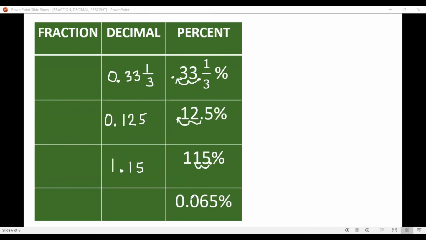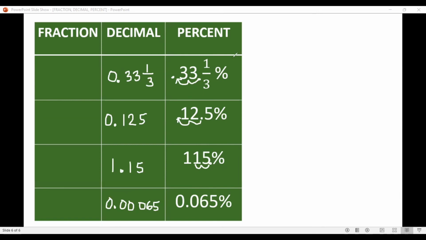And the last one is 0.065%. That simply means that you have to move again 2 places. So you will notice here that there will be an addition of how many zeros more. So there will be 1, 2, and then we copy now the given, which is 0, 6, 5. And that is already the decimal equivalent.